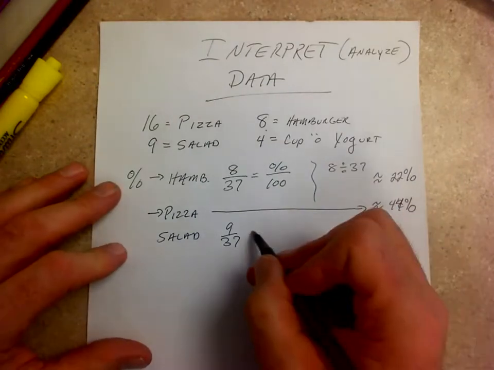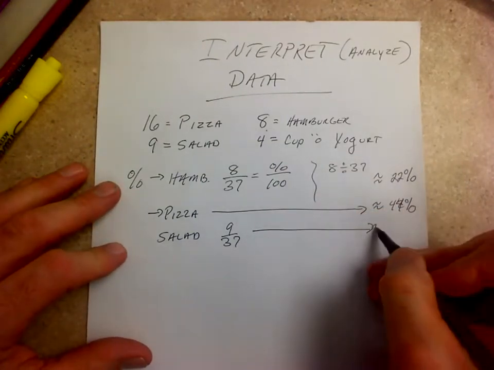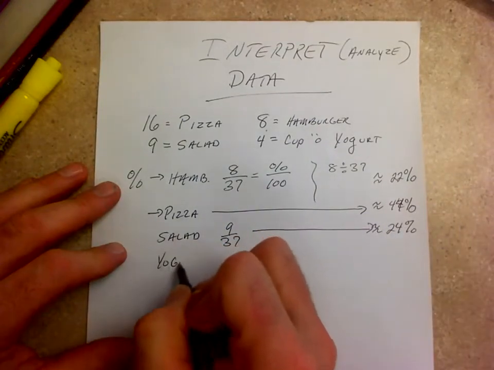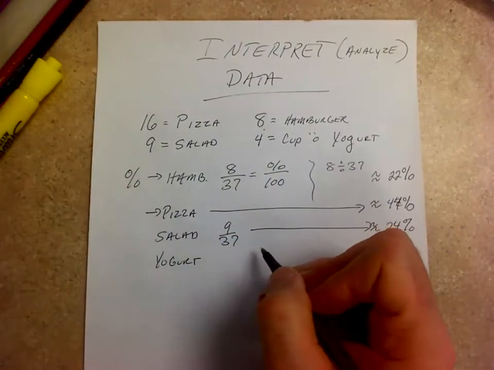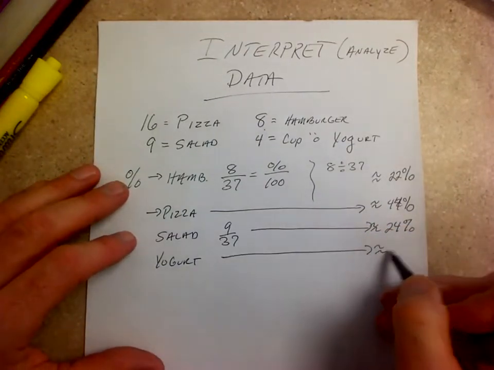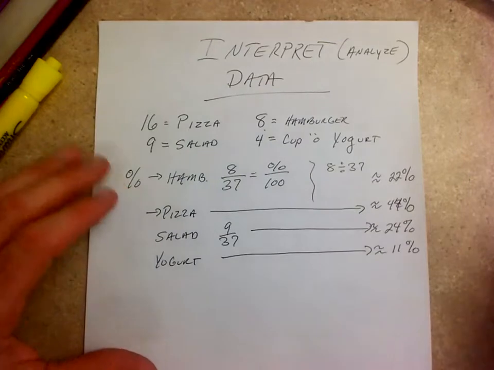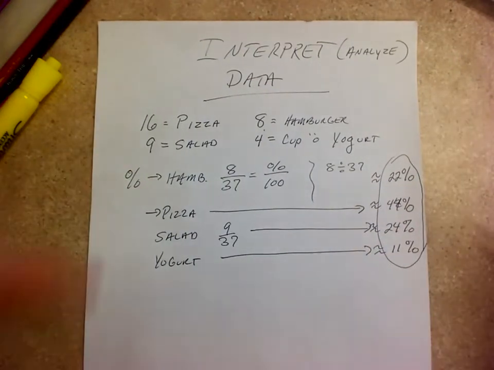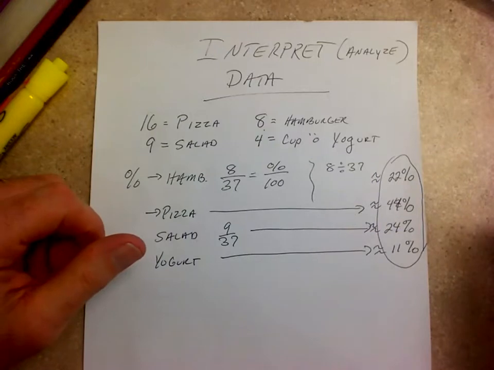That works out to be approximately 24%, and yogurt works out to be approximately 11%. So there's our totals. So we got to be able to come up with values like that.